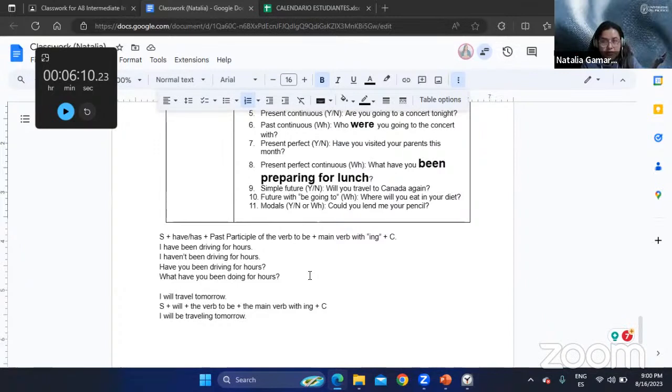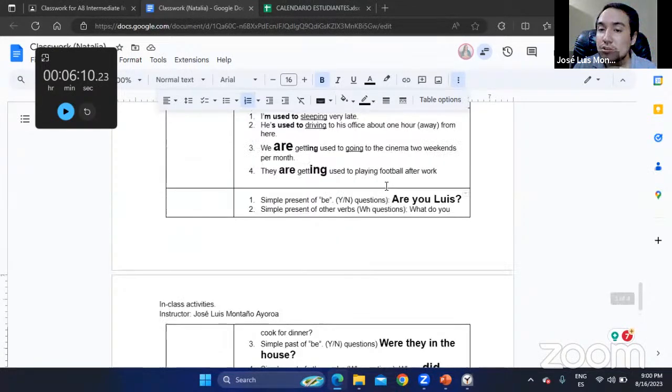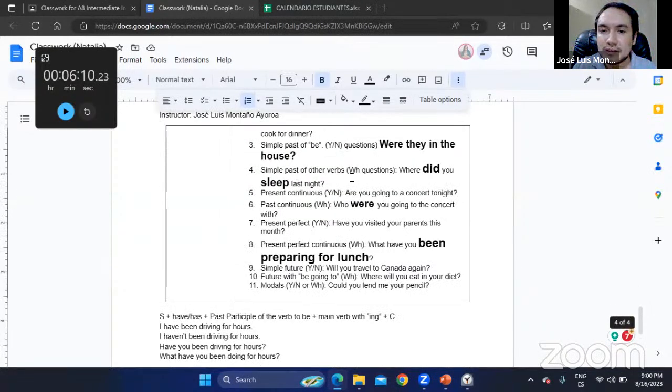The conjugation of the verb to be in present continuous is being. But if you have to use the verb to be as part of your logic, this is the conjugation: is, are, or am. Here, the verb to be has to be in simple present.